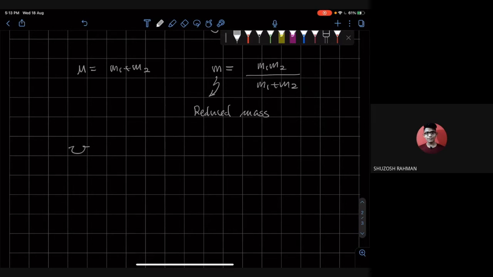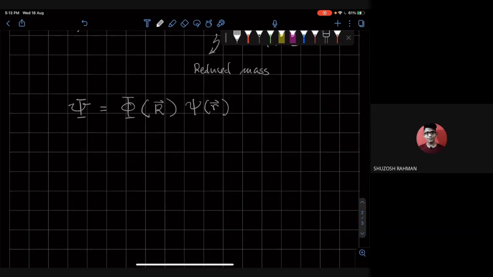So we say that our wave function psi, the big wave function psi, will have a factor which is phi of r, and another factor which is small psi of the vector r. So if I do this, then our Schrodinger equation decouples into two equations.